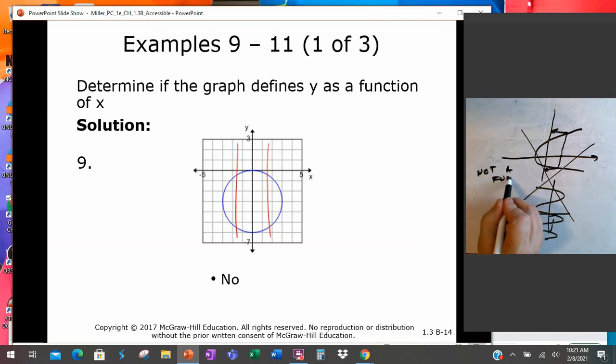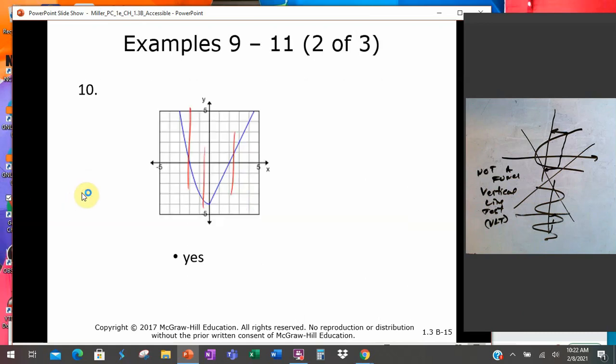Okay, and this thing that I'm doing, drawing a line, is called the vertical line test. This is the VLT. So that one is a function.